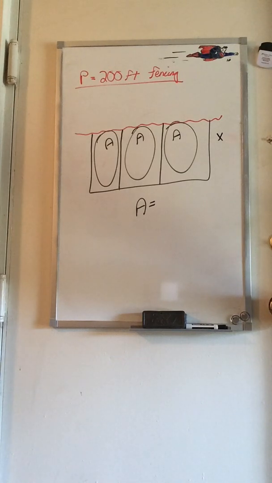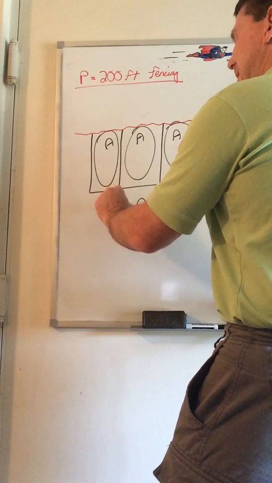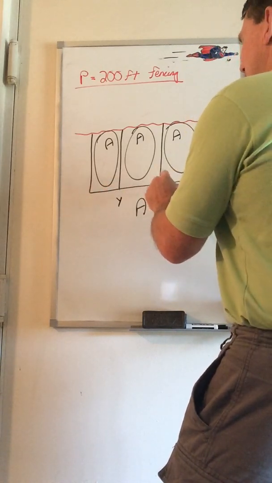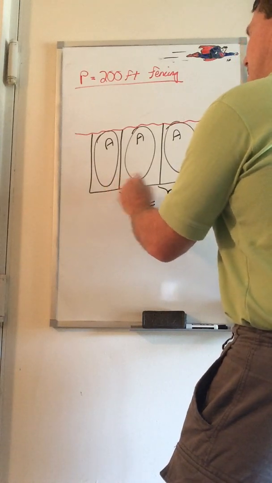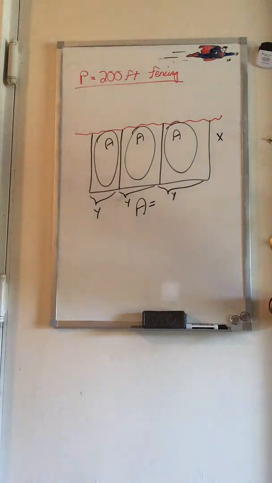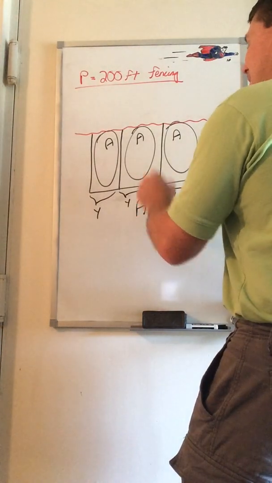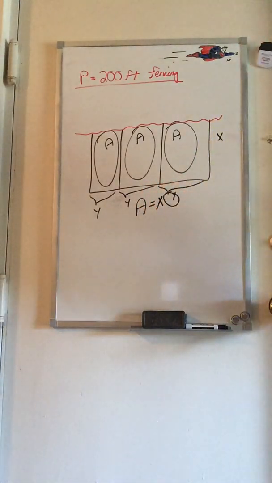There's different ways to go here. If you want to call the whole length Y, you can. Like I said, I'm going to leave this up to you. If you want to call each individual section Y, you can. But clearly, the area of one of those pens will be X times something with a Y in it.